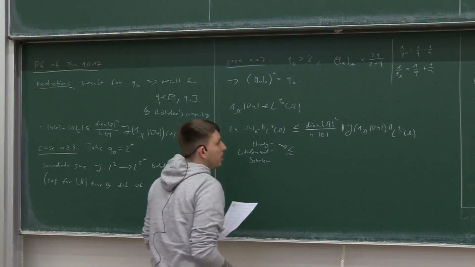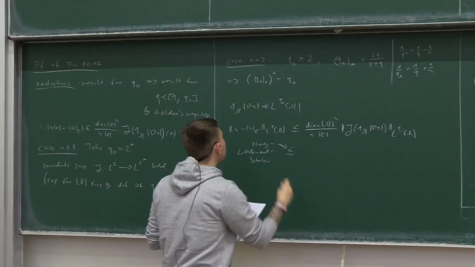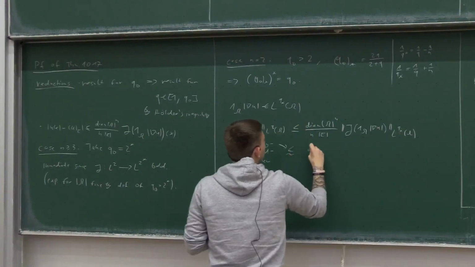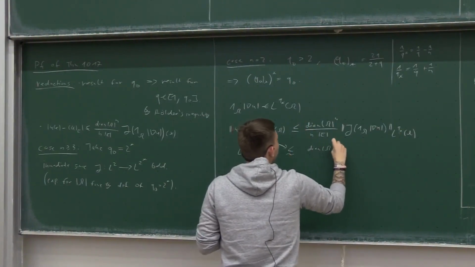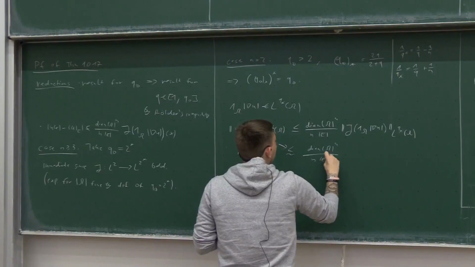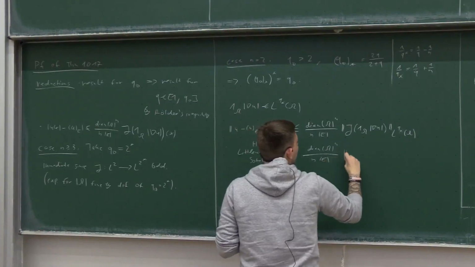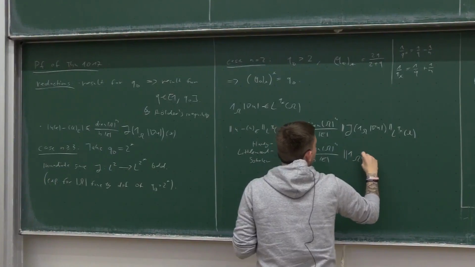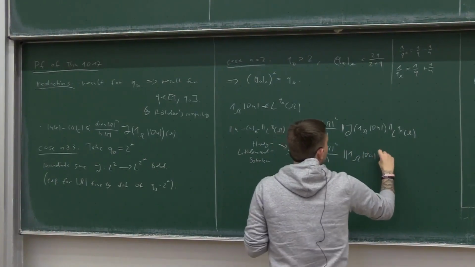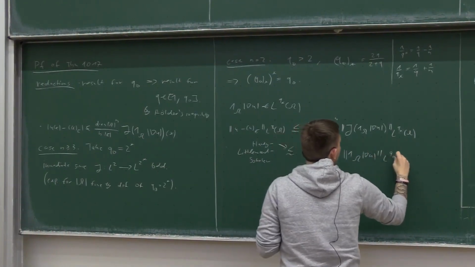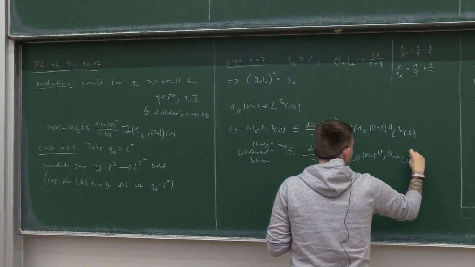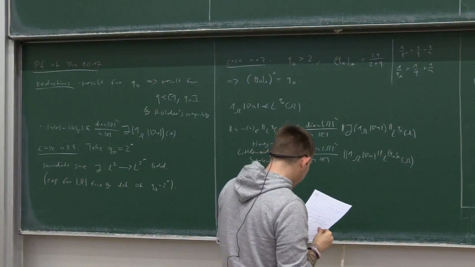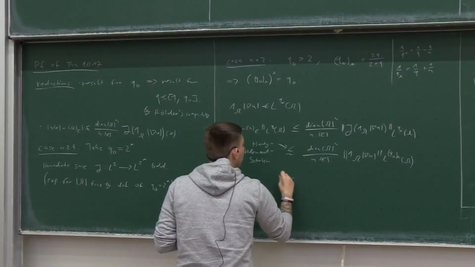With q naught lower star, then I get a bound against the diameter of Omega to the n over n times the measure of E, the indicator function of Omega, gradient of u in L^{q naught lower star}(Omega), and in the last step I use Hölder.